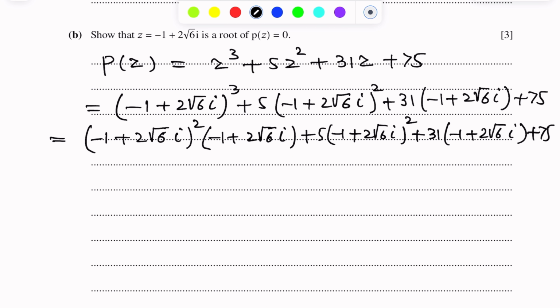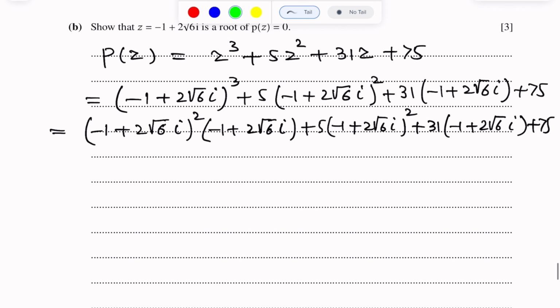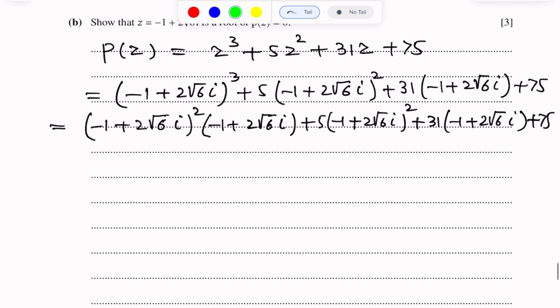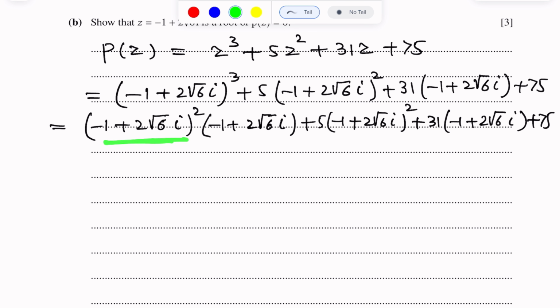Now we will use the identity: (a plus b) whole squared is a squared plus b squared plus 2ab, and because there is a negative sign, (a minus b) whole squared is a squared plus b squared minus 2ab. We will use this identity in this term and in this term.